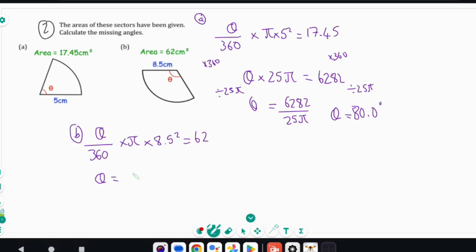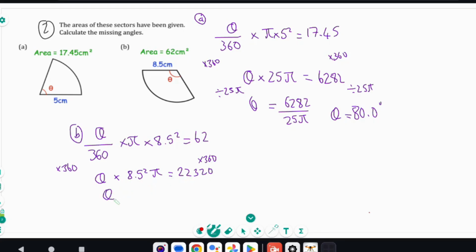Times both sides by 360. That gives 22,320.